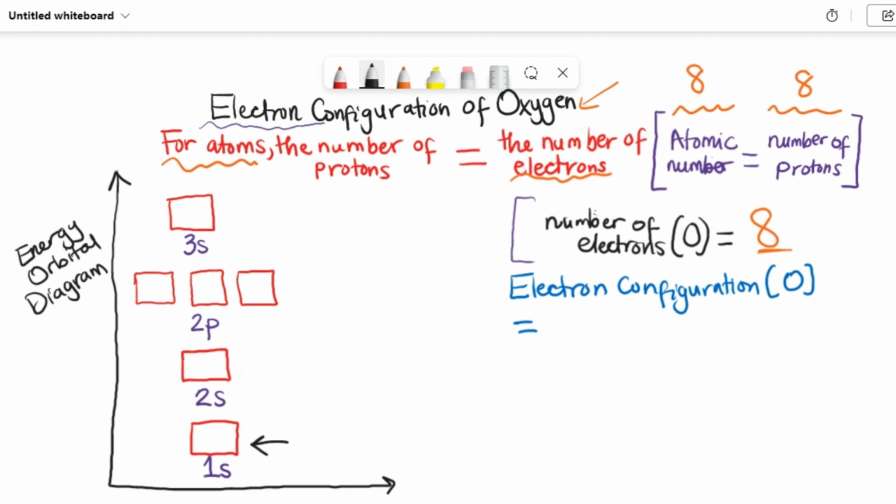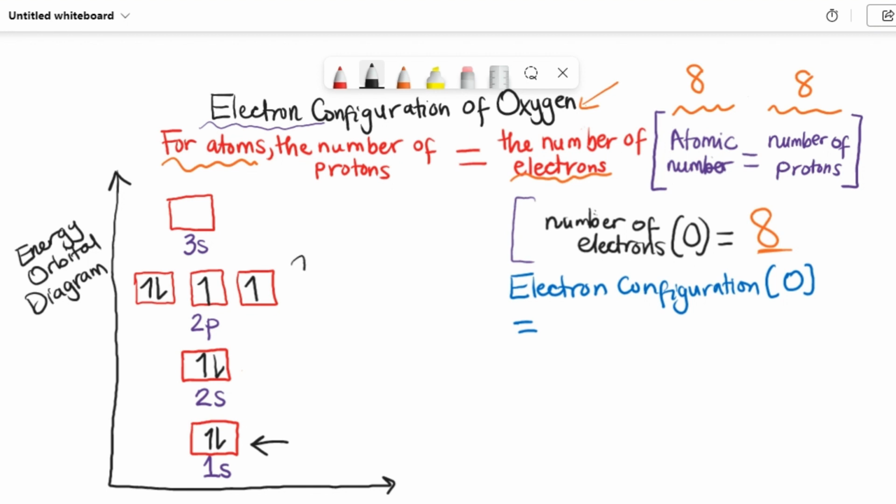Each one of those orbitals represents a box in this particular diagram, and we can only put a maximum of 2 electrons per box, hence 2 electrons per orbital. So we have 1, we've got 2, so we have 6 more electrons from 8. We've got 3, 4, 5, 6, 7, and 8. So what we end up with is 8.